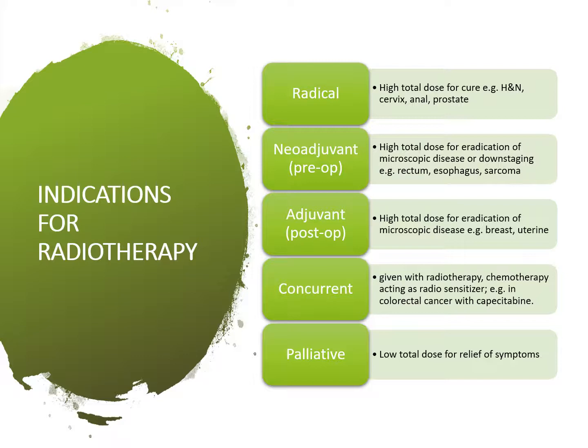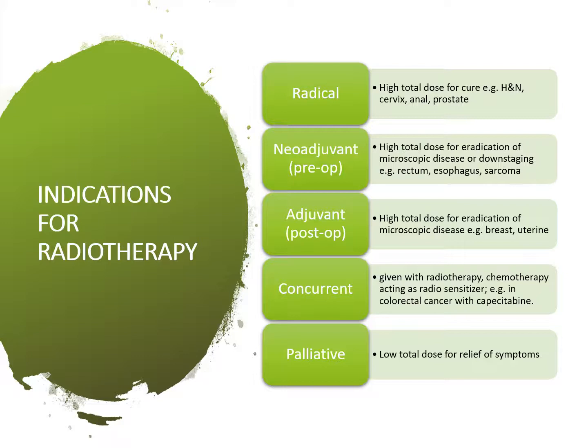This is the most common method of treating breast cancer locally, meaning a woman who has breast cancer might get chemo and then go for surgery, and after surgery she gets the radiation therapy. That is adjuvant radiation therapy. Sometimes chemo and radiation are given together, that is, they're combined.